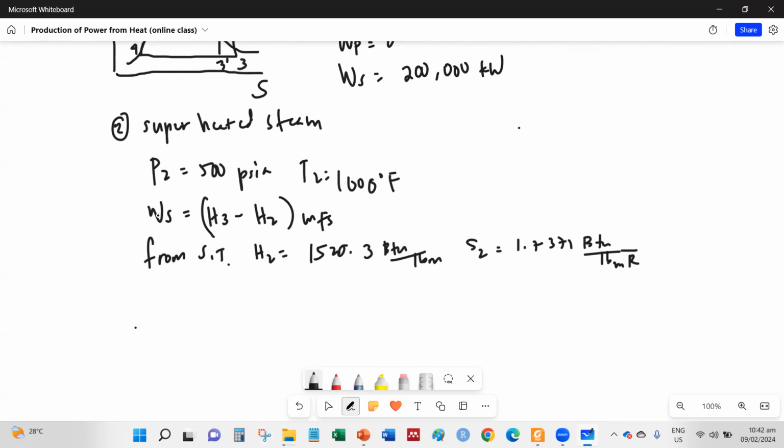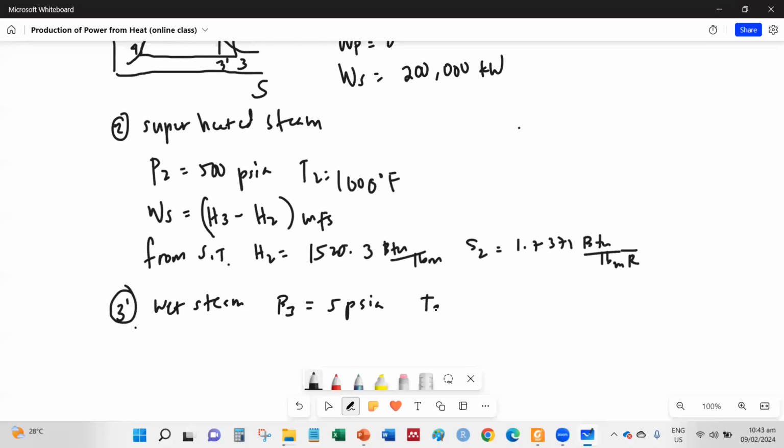So let's try to write the properties at point 3 prime. Okay, so now we're at point 3 prime. We know it's wet steam, and we know that P3 is 5 psia, and it's also equal to P3 prime.